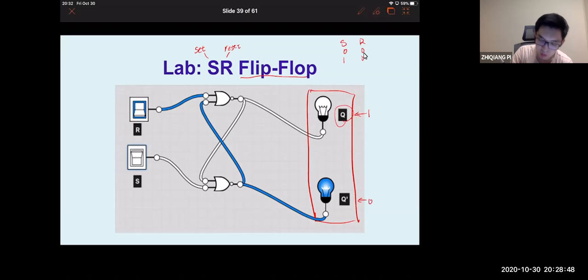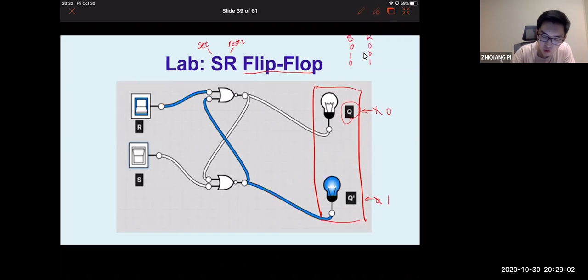And when we have the set bit at 0 and the reset bit at 1, we reset the Q bit back to 0, and in doing that, we set Q prime to 1. And there's one more state, when both are 1. This is an error state for the SR flip-flop, as it gives outputs that don't really work out. We'll see why in a minute.